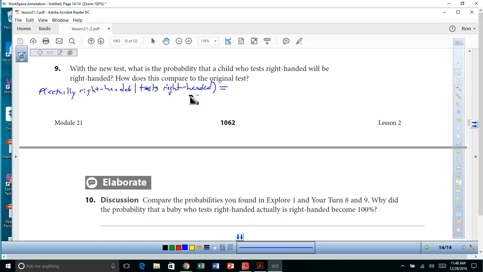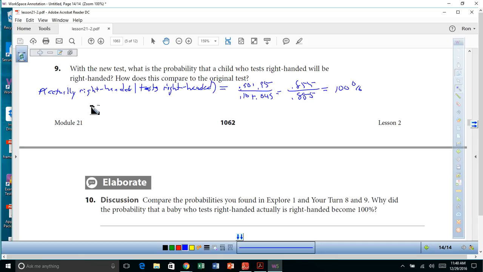We'll get that straight off the tree. 0.90 times 0.95 over 0.10 plus 0.045... actually over 0.855, so that's 0.855 divided by 0.855, which is 100%.